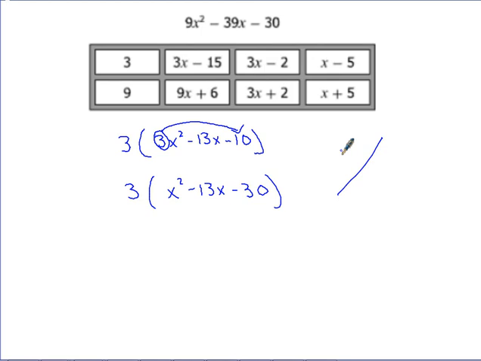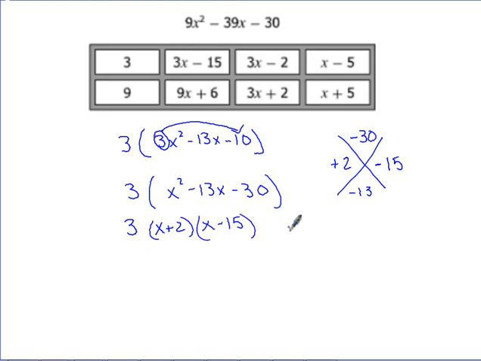Now I can set up my x. I need numbers that multiply to negative 30 and add to negative 13. So one's got to be plus, one's got to be minus. Of the factors of 30 that would add to 13, I have positive 2 and negative 15. 2 times negative 15 would be negative 30. 2 plus negative 15 would be negative 13. So I have 3 times x plus 2 and x minus 15.